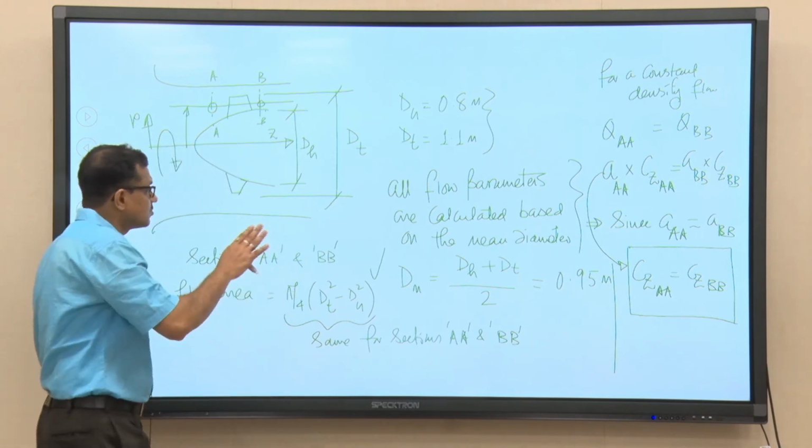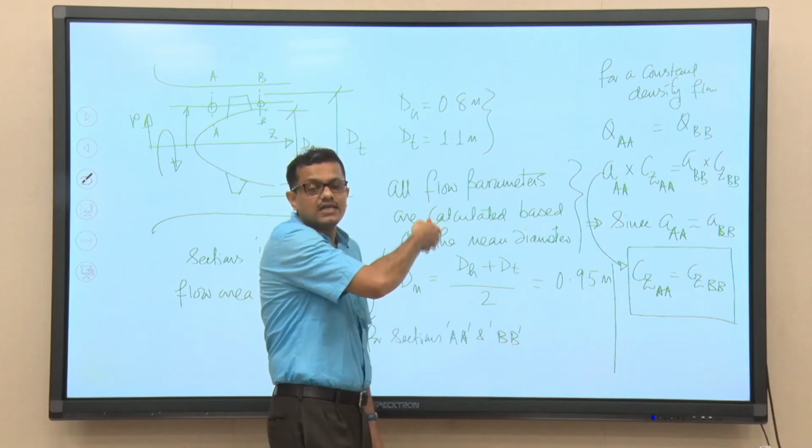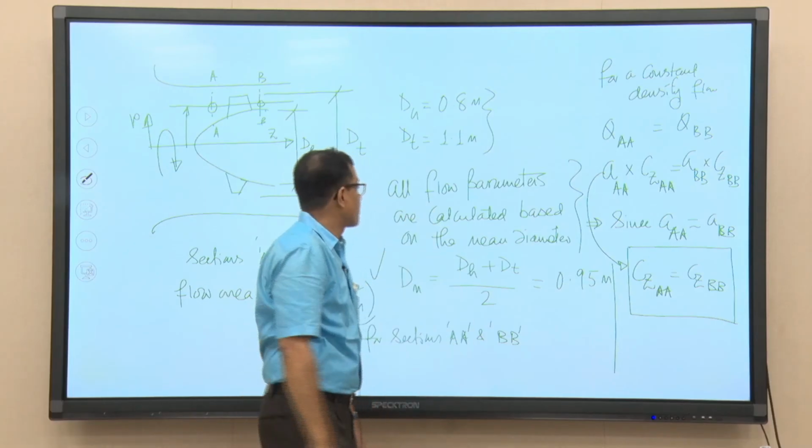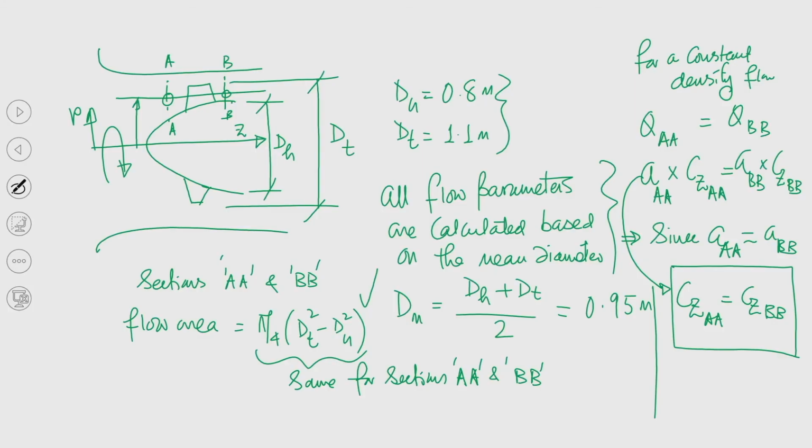This is not wrong, this is what is followed to solve the problems related to axial flow pump. So, basically you can see these two sections wherein we are focusing our attention are at rm distance away from the axis of the pump, and already you have calculated dm.